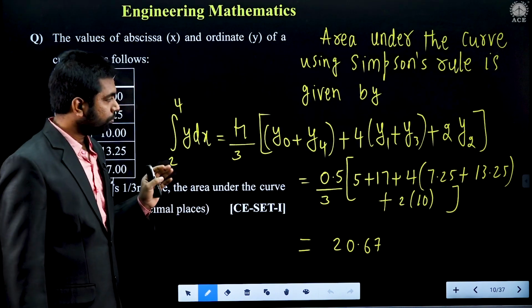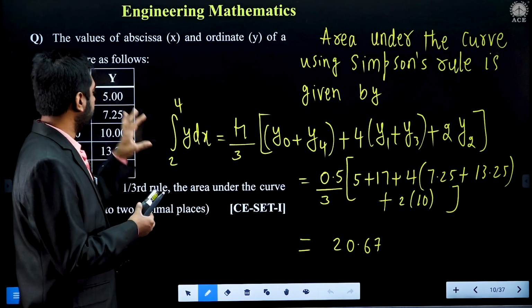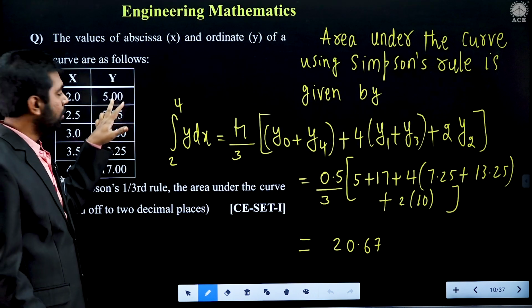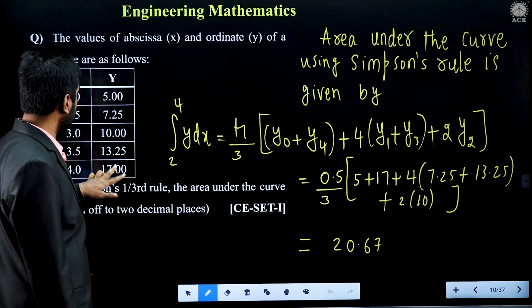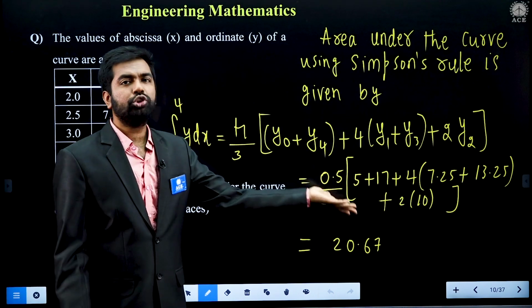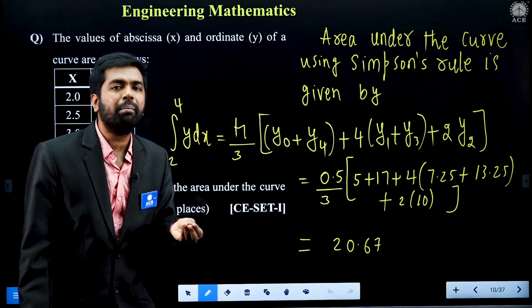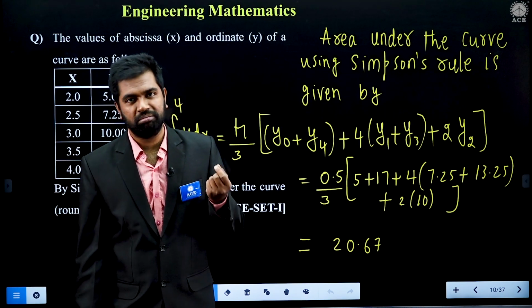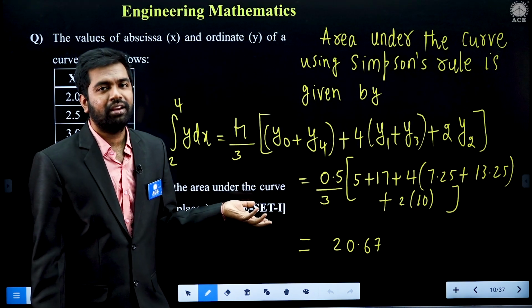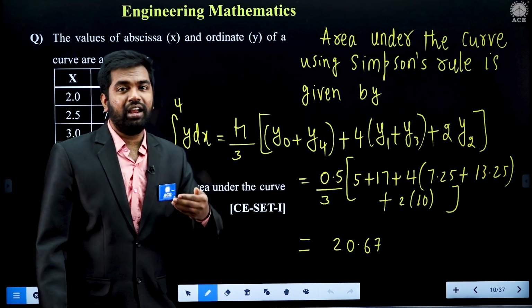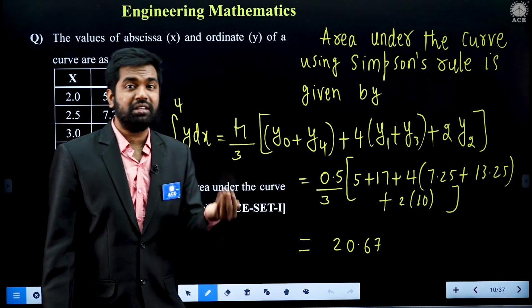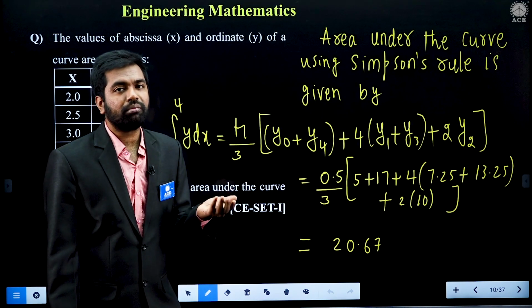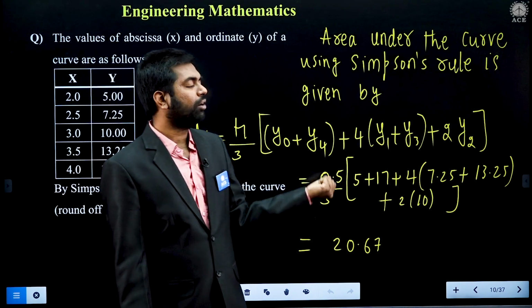Now substitute the ordinates. So this is like y0, y1, y2, y3, y4. Substitute. Use your virtual calculator. It is just a matter of addition, multiplication, right? You can see that in the GATE exam, right? So you are applying for master's admission, and then this is a matter of what?